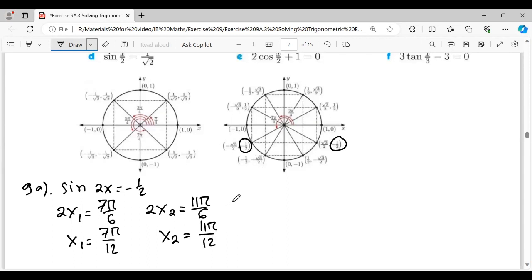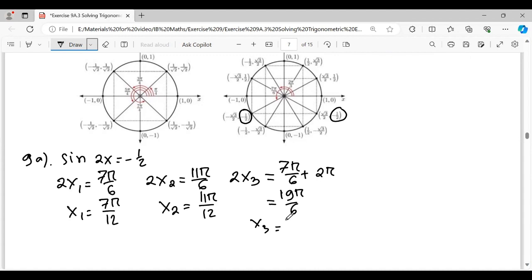Next, x3. 2x3 equals 7 pi over 6 plus 2 pi. It is 19. So x3 equals 19 pi over 12.